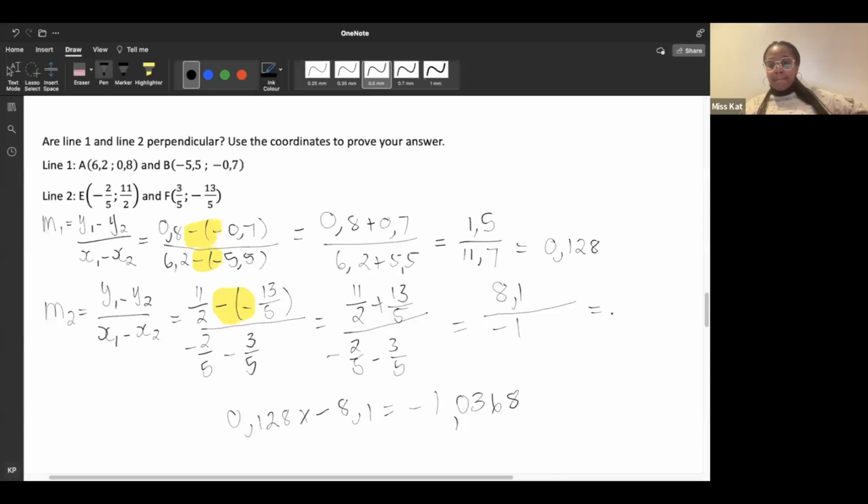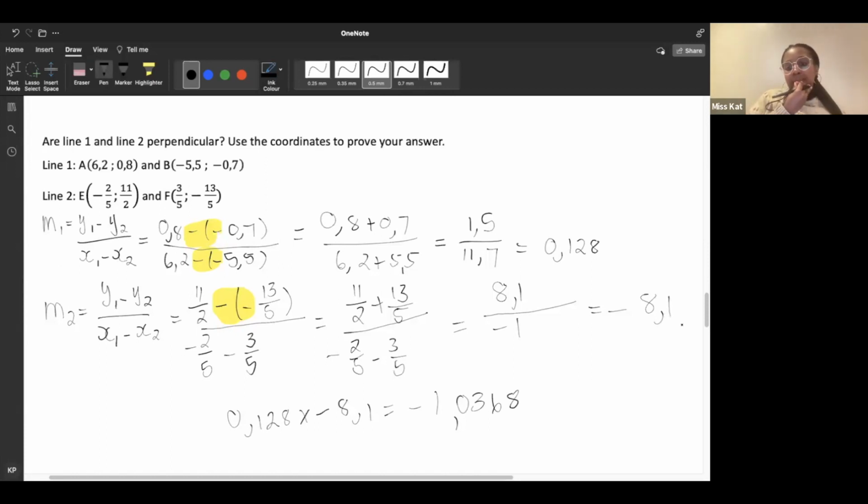A negative. And then anything divided by 1 is just the number itself. 2 divided by 1 is 2. So then 8.1 divided by 1 is 8.1. There we go.